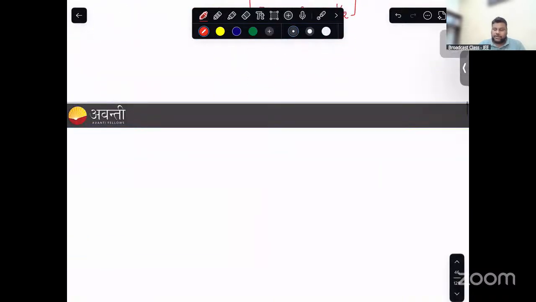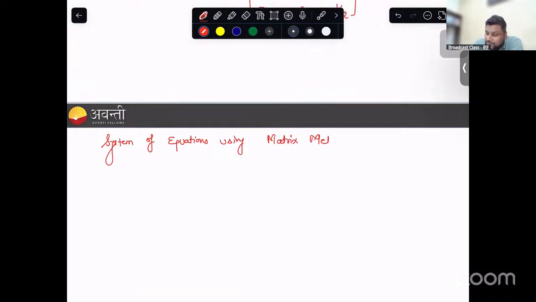All right. Now, put a heading: system of equations using matrix method.